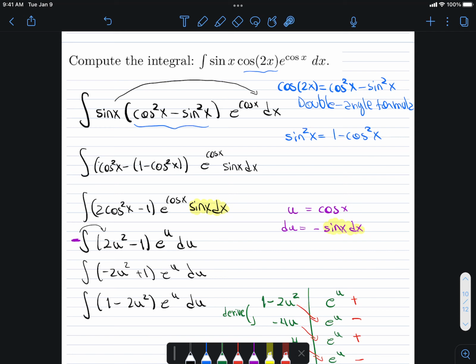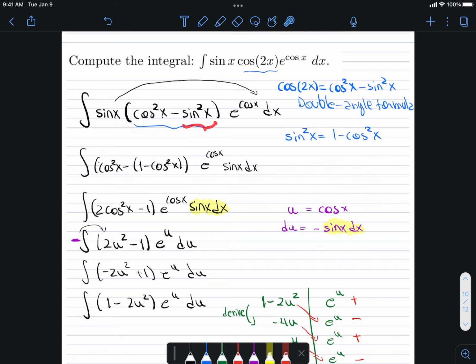The second strategy that we mentioned after we've done this was noticing that I had e to the cosine, and that would be something very difficult to solve unless I made a u substitution, e to the u, right? u equal to cosine of x. So I planned for this step earlier, and then I noticed that there was a sine in here making that step possible.